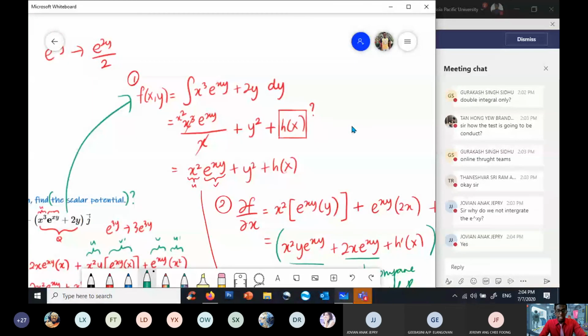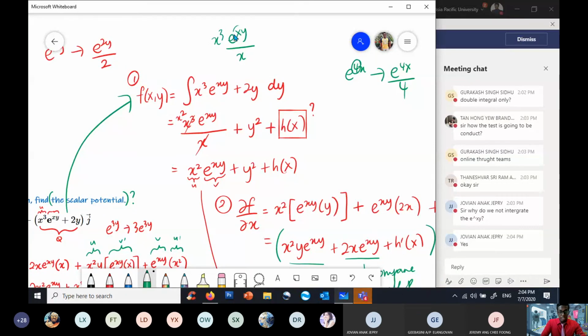We did integrate e^xy, Jovian. Actually, what we did was we integrated the whole thing with respect to y. So x cube is just a constant. It just sits in front there. e^xy, if you integrate, you're going to get e^xy again, but e^xy over x. If you can't see why this is true, imagine if you integrate e to the power of 4x. You're going to get e to the power of 4x again, divided by the constant.